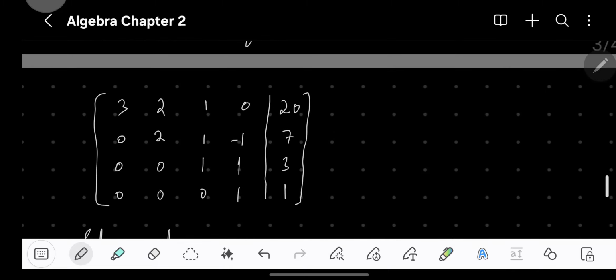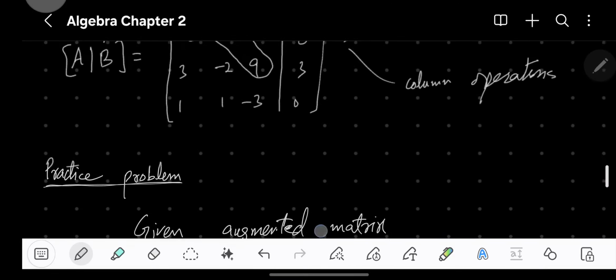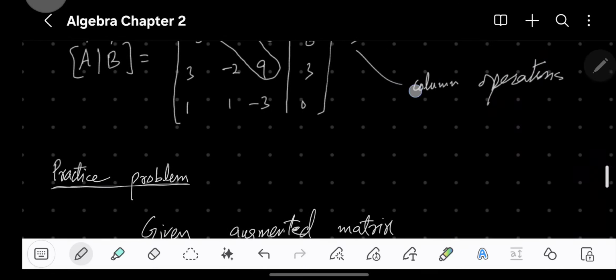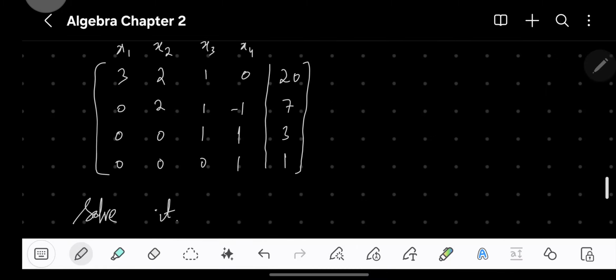We will compare. The first row corresponds to the first variable, for example x1. The second variable, for example, x2. This is x3, and this is x4.